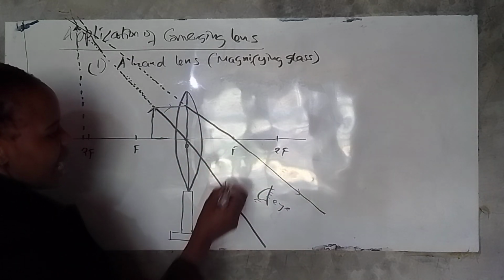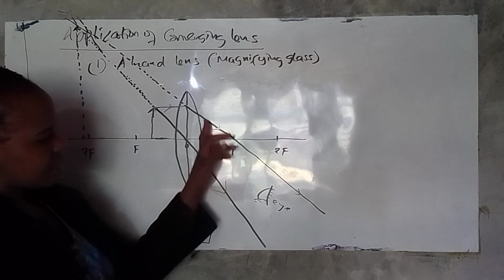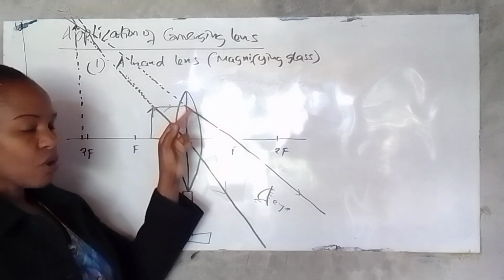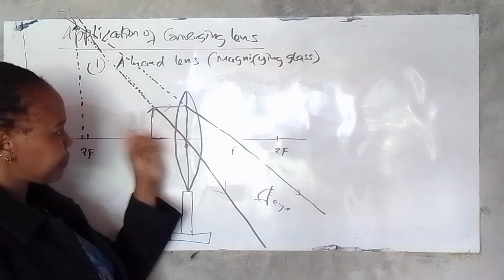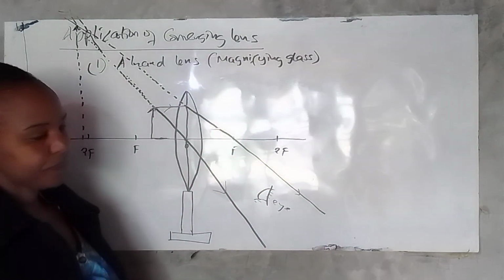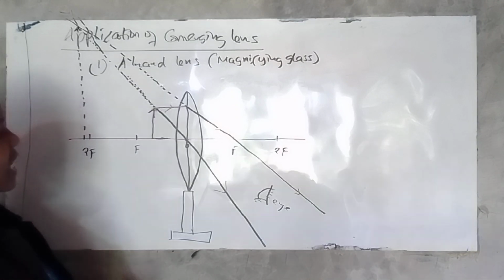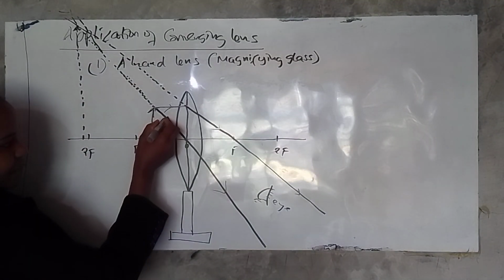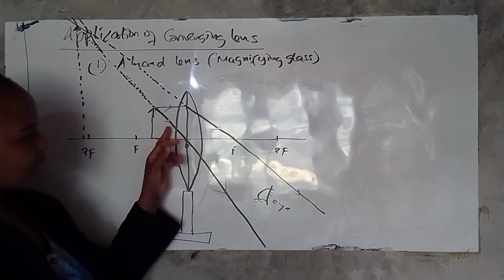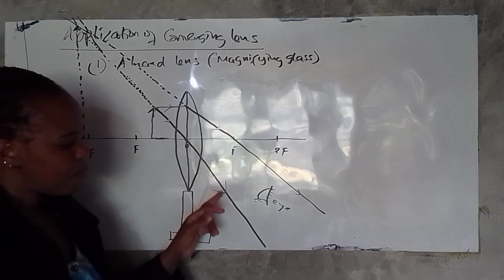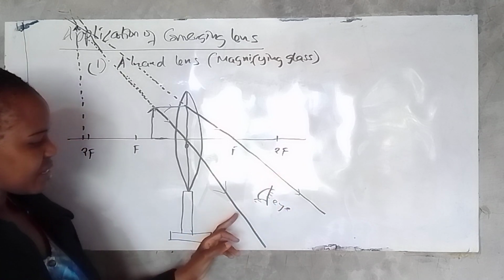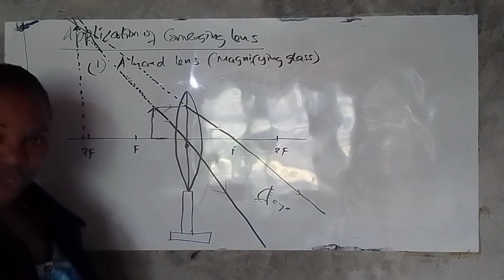This is a true ray, that is a true ray: a true ray coming from the object incident to the lens, and a true ray going away from the lens. Number two, the other true ray is this ray, coming from the tip of the object, passing through the optical center, moving far away from the lens. This ray is true, this ray is true, and that ray is true.